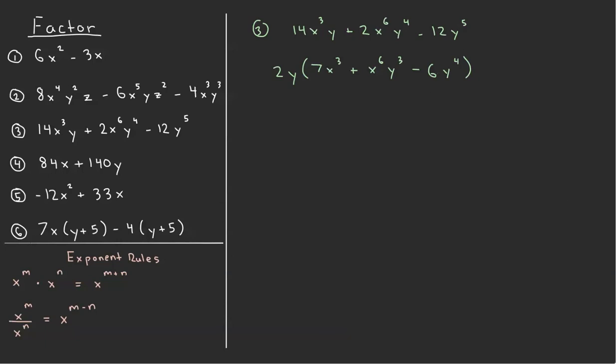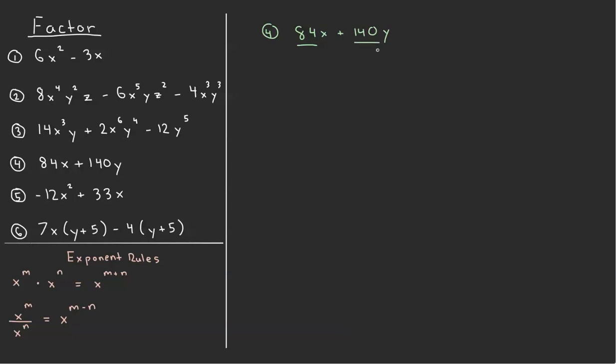Moving on to number 4. Okay, 4 looks easy, right? But we're going to have to keep in mind here that 84 and 140 may be difficult numbers to work with. To find the GCD, we want to find the GCF. We want to find the largest number that goes into both 84 and 140.